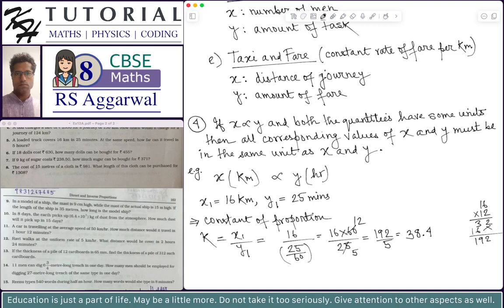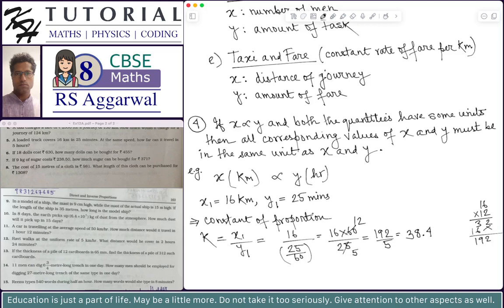So regarding the units, you must be very careful while you are creating the table. While you are entering the corresponding values of x and y in the table, please keep in mind that the corresponding values of x must be of the same unit as x and the corresponding values of y must be of the same unit as y.